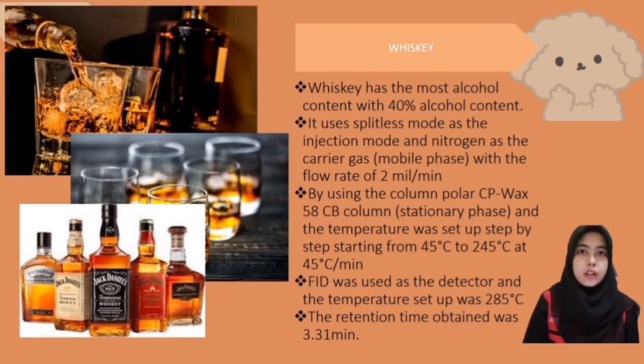Using the polar CP-WAX 58 CB column as the stationary phase, the temperature was set up step by step starting from 45 degrees Celsius to 245 degrees Celsius at 45 degrees Celsius per minute. FID was used as the detector and the temperature was set at 255 degrees Celsius. The retention time obtained for the whiskey is at 3.31 minutes.